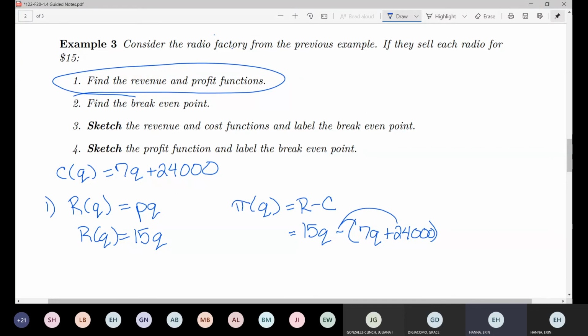So if you don't have it in those parentheses, you're probably going to forget to do it, and then you're going to get it wrong. So if you distribute that negative, you get minus 7Q minus $24,000. Which reduces to 8Q minus $24,000, which is then your profit function.